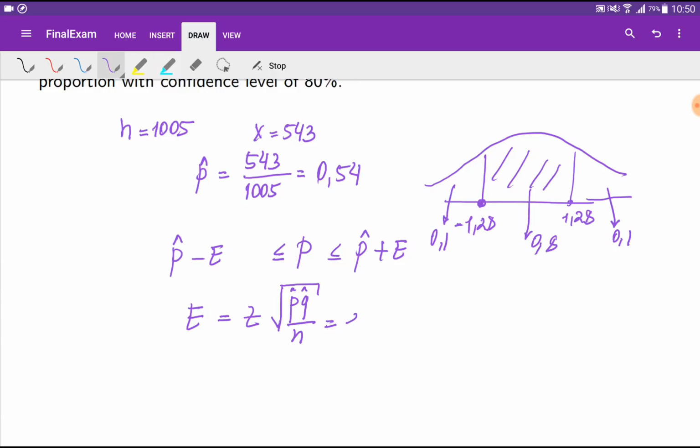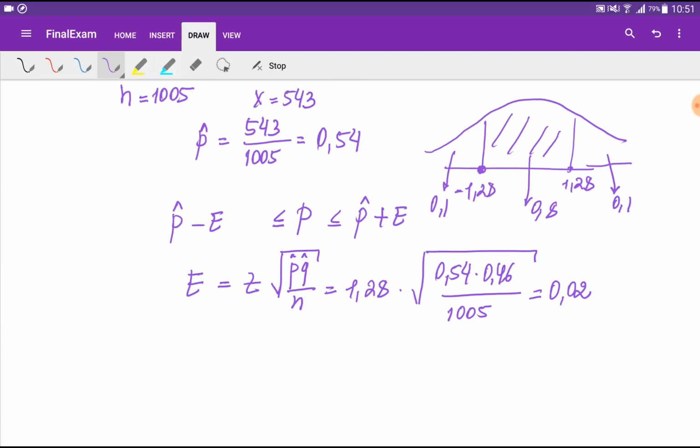So the critical point is 1.28 multiplied by the square root of p, which is 0.54, times q, which is 1 minus p, which is 0.46, divided by n, which is 1005. So let's evaluate everything. It's going to be equal to 0.02.